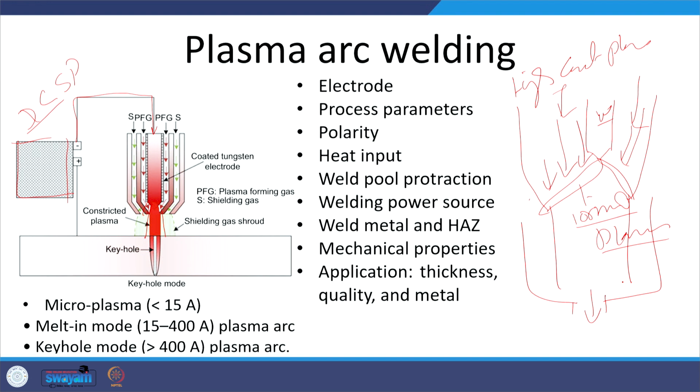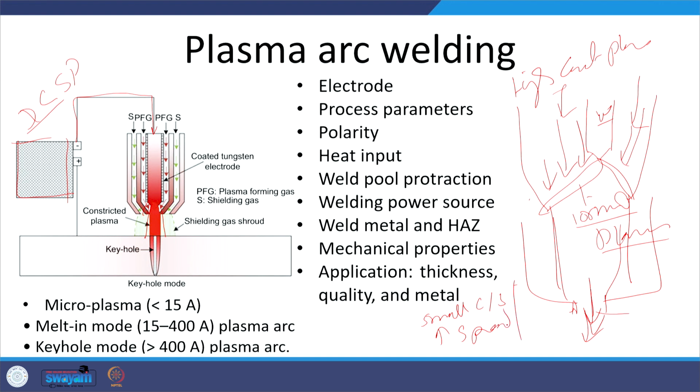The nozzle will have an opening of very small diameter through which the plasma will be forced to pass. When the plasma passes through the nozzle, it gets constricted, meaning its diameter is reduced, and it passes through the nozzle at very high velocity. So, two things will happen: reduction in cross section, a smaller cross section, and increased speed. Okay.